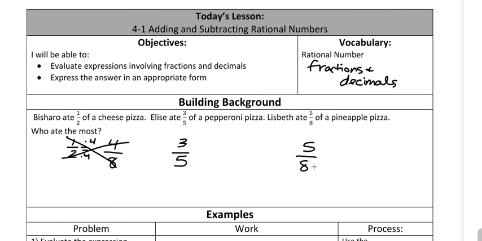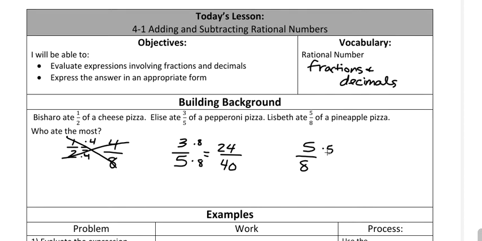Okay, same idea with 3/5 and 5/8. I want to make it so that we have the same denominator, so we're talking about the same number of pieces. I'm just going to multiply this by 8. So 3 times 8 is 24, and 5 times 8 is 40. So if there's just 40 pieces, Elise would have eaten 24 pieces.